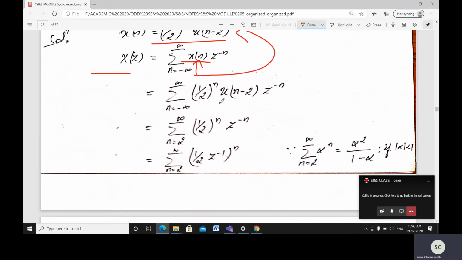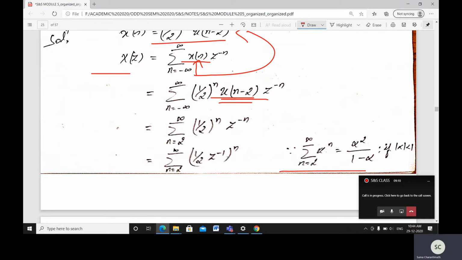Then based on the u of n function, you have to substitute the limit, which is given by u of n minus 2. From this we can decide that the limit exists for n from 2 to infinity. Then 1 by 2 power n z raised to minus n, using the power in common, is 1 by 2 z inverse whole power n.